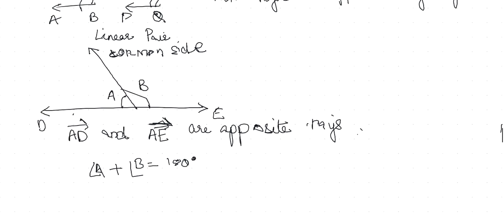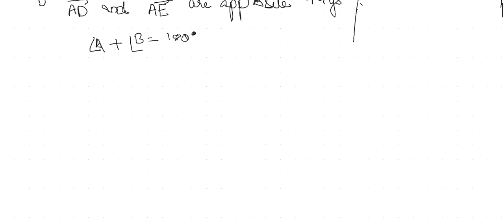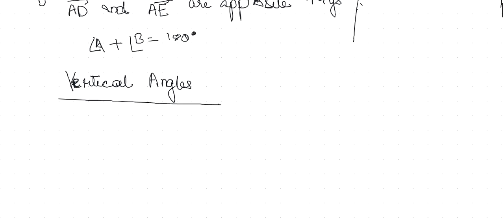And vertical angles are like this. Two angles are vertical angles when their sides form two pairs of opposite rays.